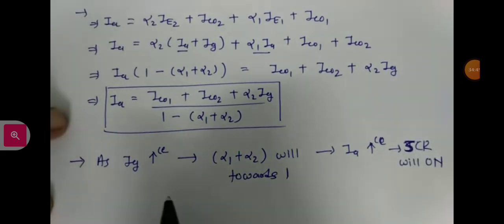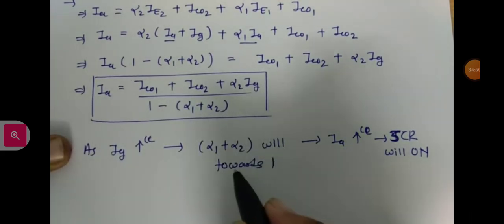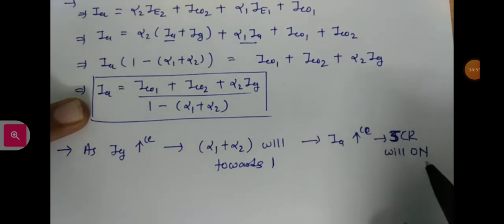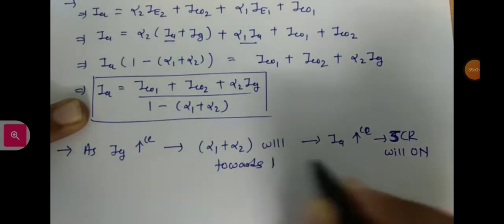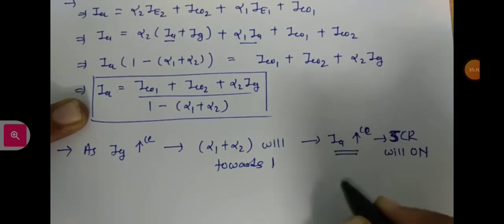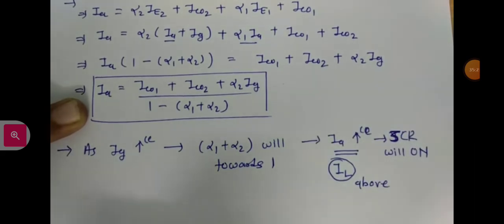So see, ultimately, as you increase IG, alpha 1 plus alpha 2 will go towards 1, IA will increase and that will trigger the SCR. If IA increases above the latching current, then the SCR will get triggered.